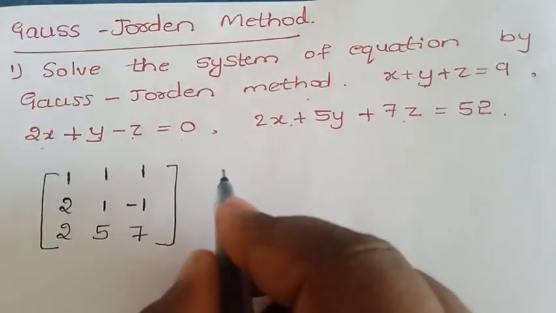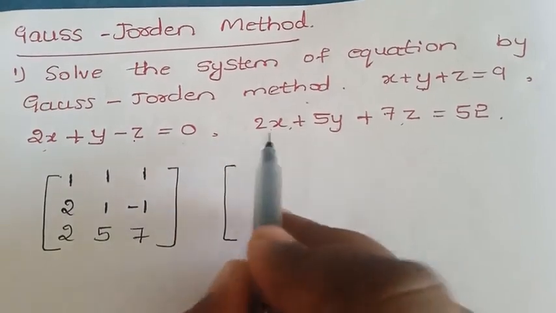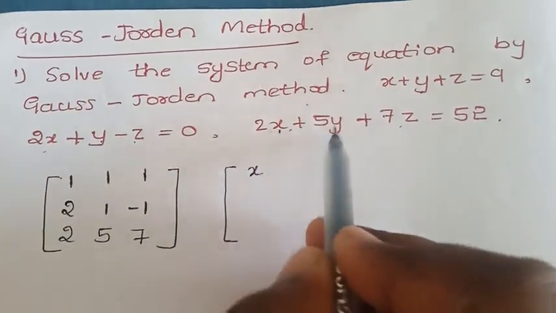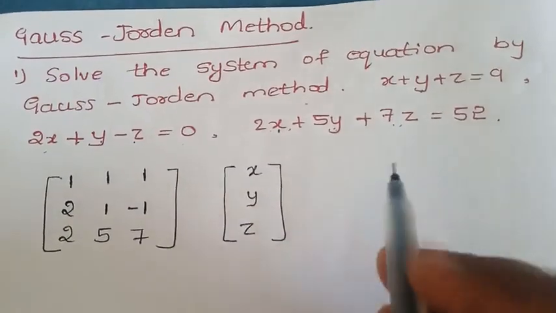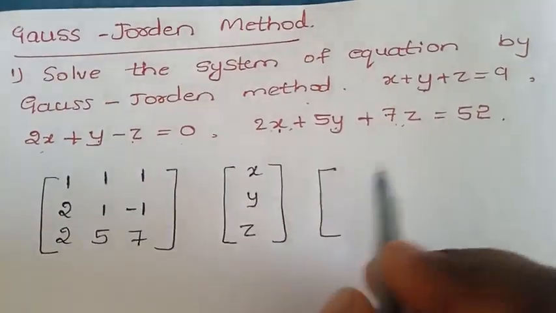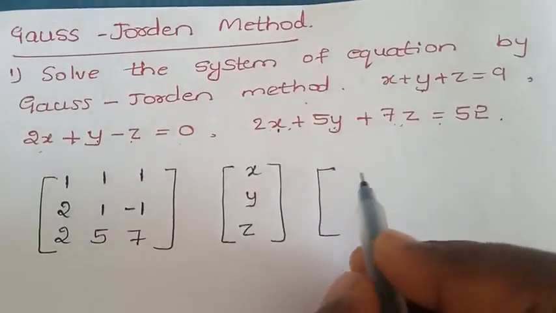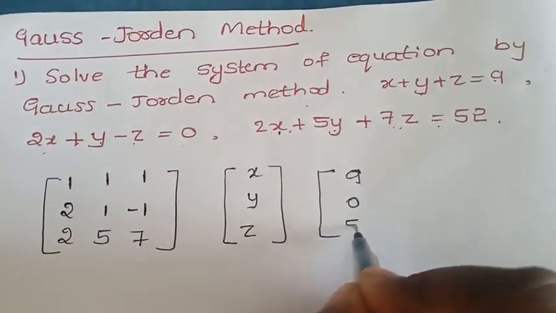Okay, this is done. Next we write the variables, here three variables are there, x, y and z. Next, whatever values come after the equal sign, we have to write those, the result values: 9, 0 and 52.